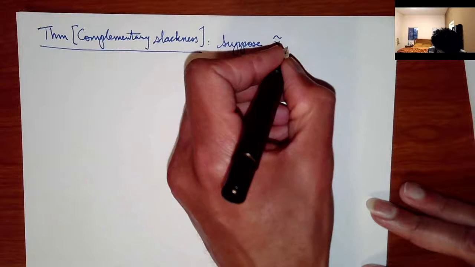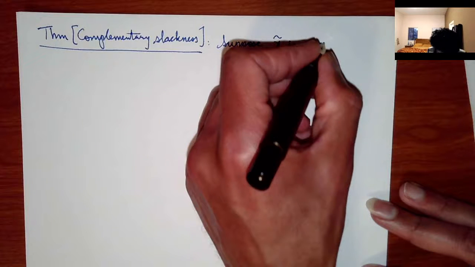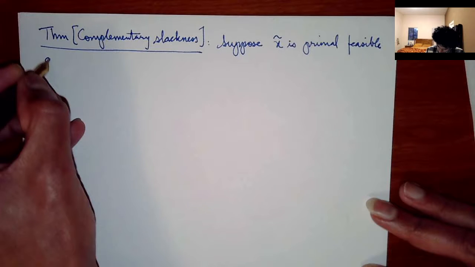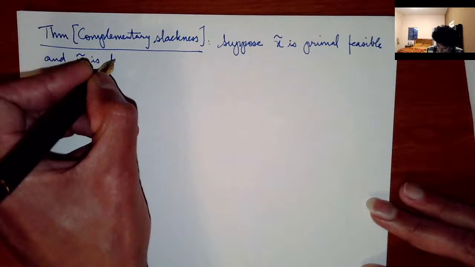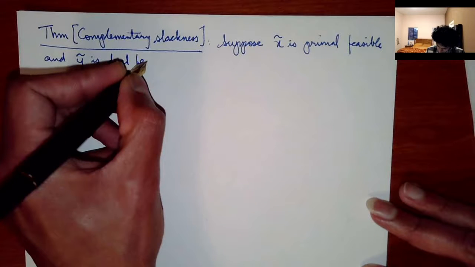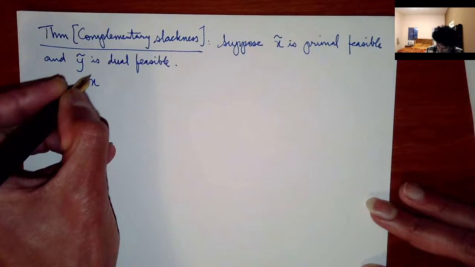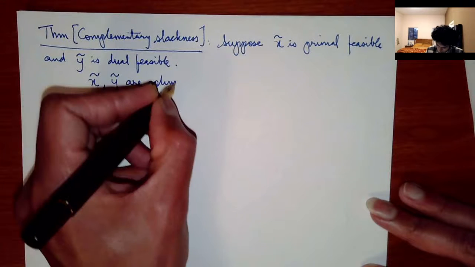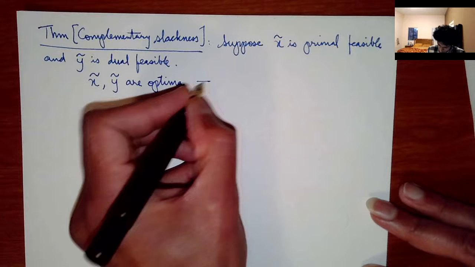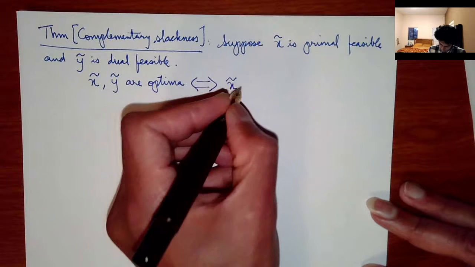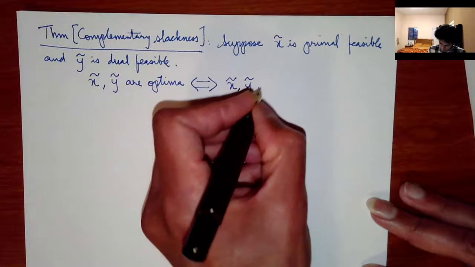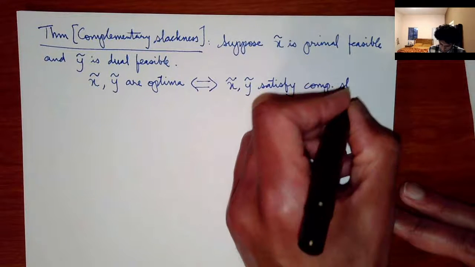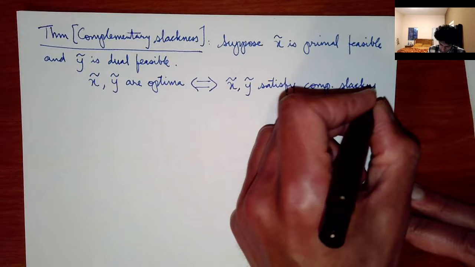Suppose x tilde is primal feasible and y tilde is dual feasible. Then x tilde, y tilde are optima if and only if x tilde and y tilde satisfy the complementary slackness conditions.